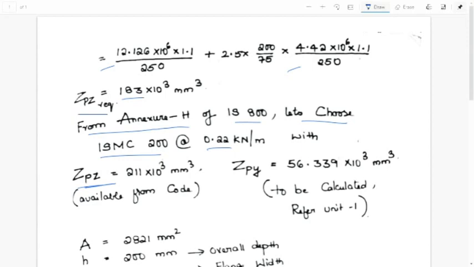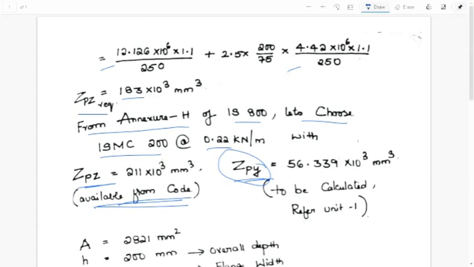And remember, only the Zpz value is available from the code IS 800 annexure H, and the Zpy value is also to be used in the calculation of moment, so it is important to calculate the Zpy value also.